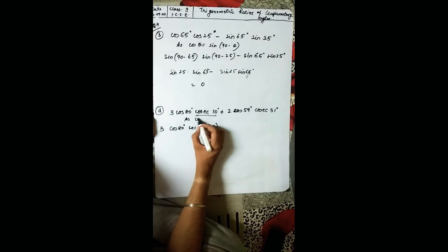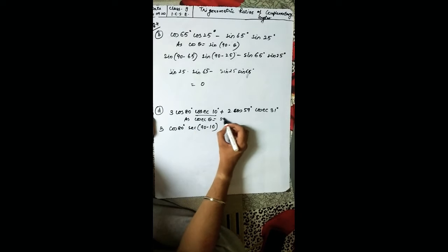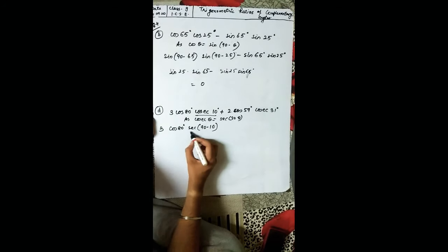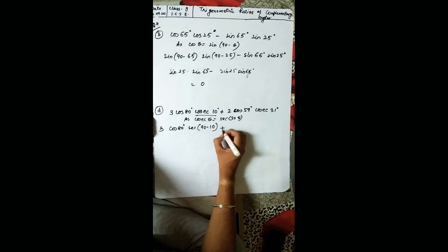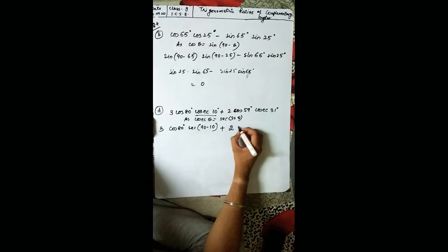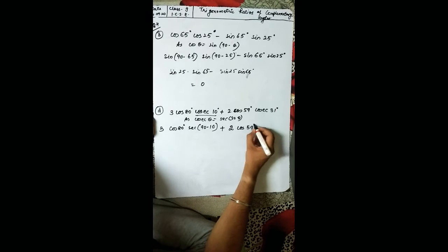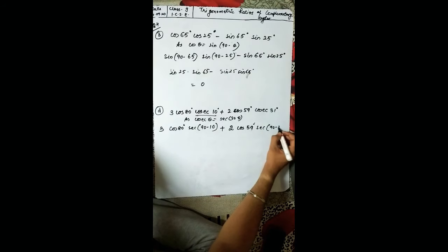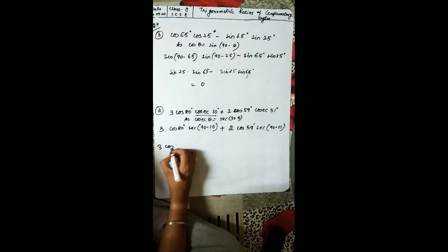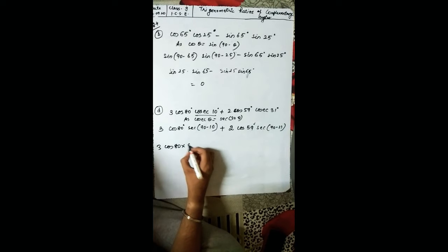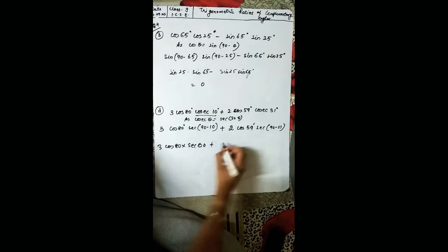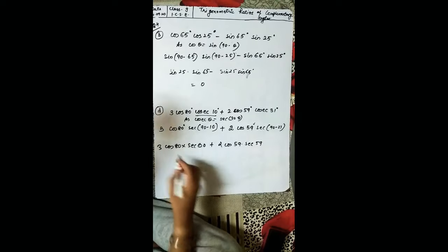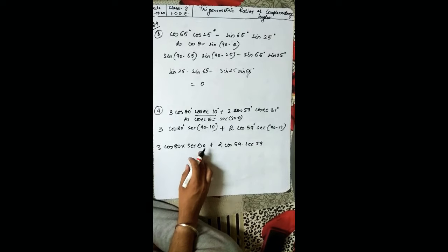As cosec theta is sec 90 minus theta, that is why we wrote cosec 10 degrees as sec 90 minus 10, plus 2 times cos 59. Again, cos theta is what? So sec 90 minus 31. So 3 times cos 80 into sec 80, right? Cos 59 into sec 59. Now they both will get self-adjusted. I think you can understand.